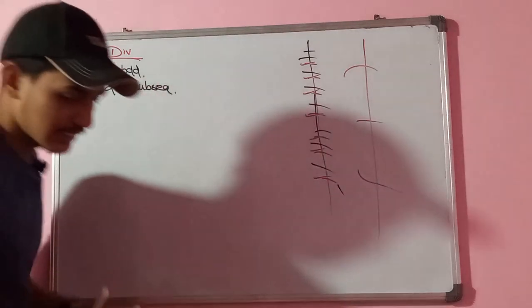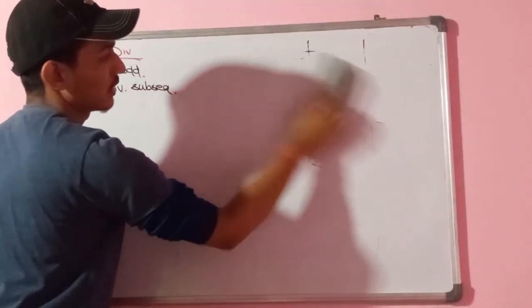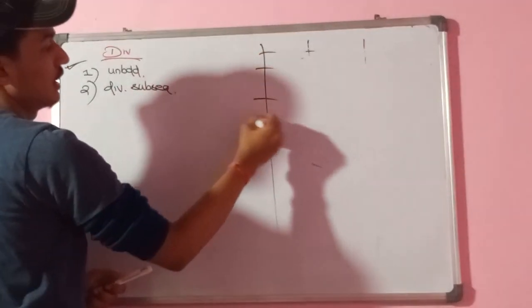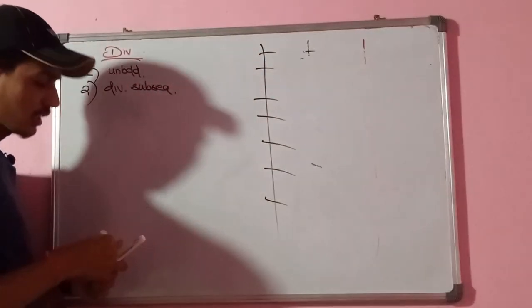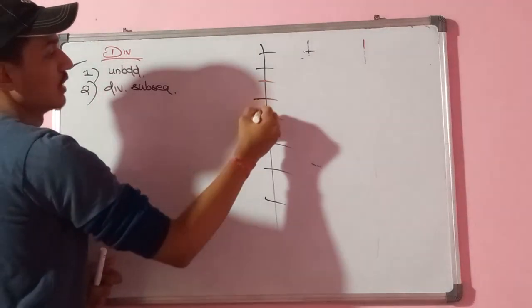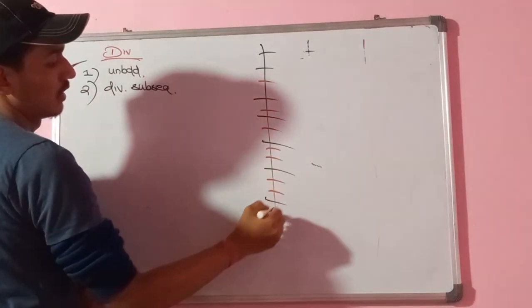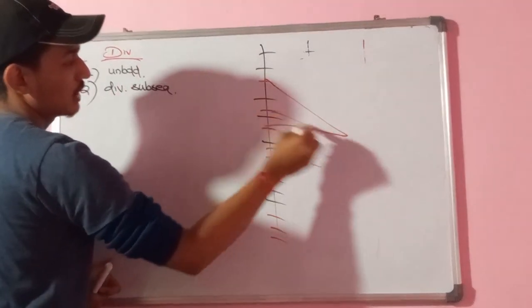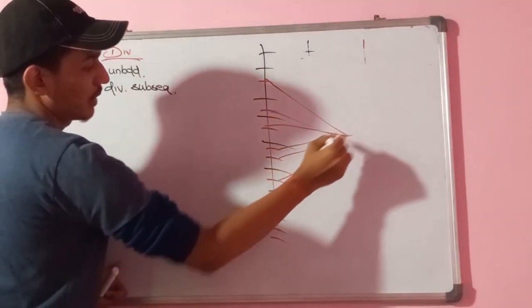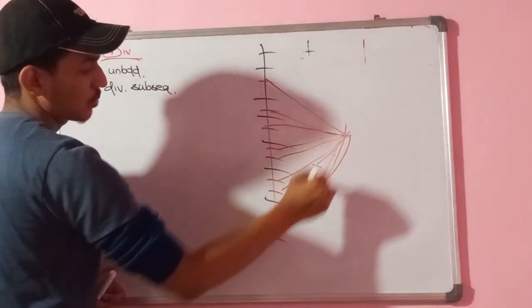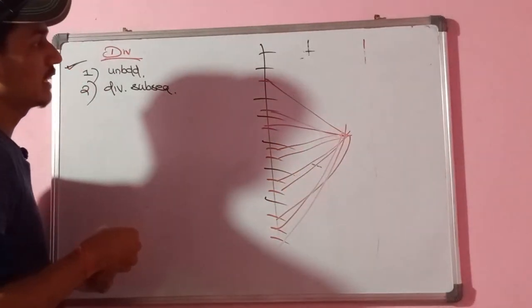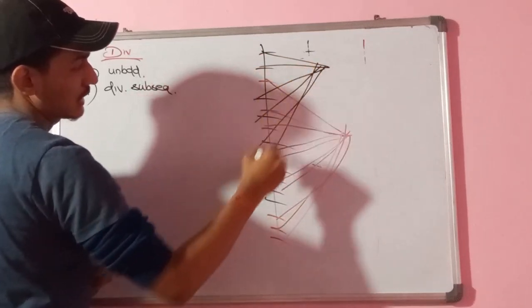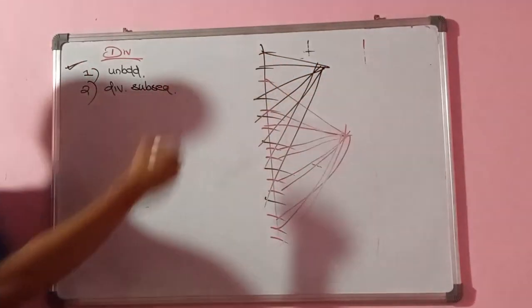What is the third possible case? Suppose this is my sequence. Let's say this black one is one subsequence and this red one is another subsequence. Suppose the red one is converging to some number, any number, A, B, C, X, Y, Z, and this black subsequence is converging to another number.